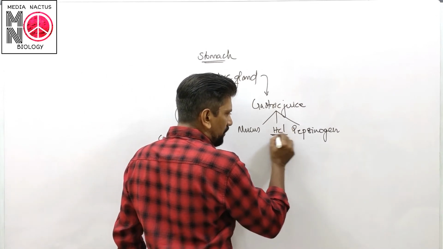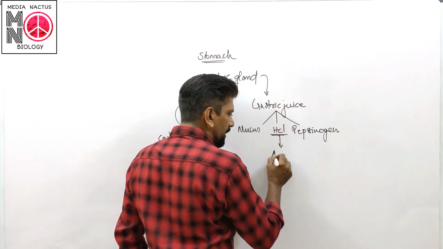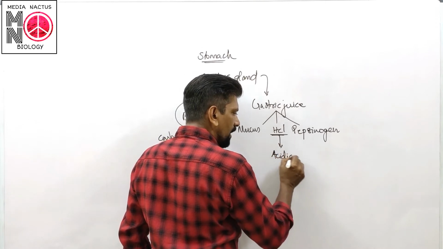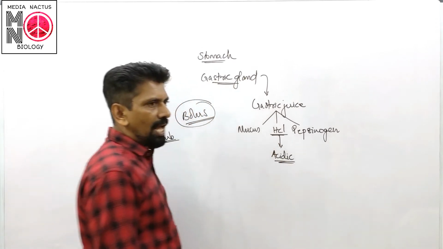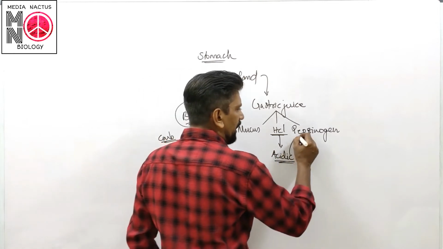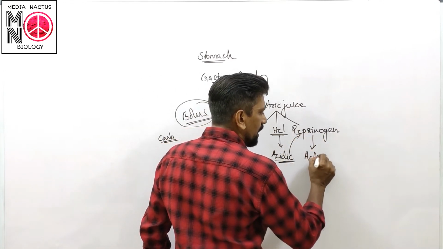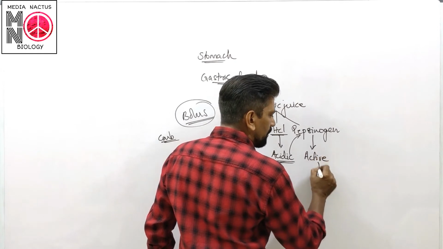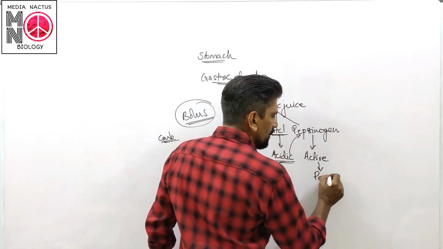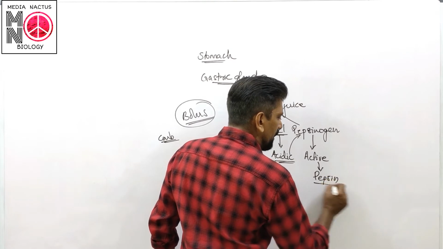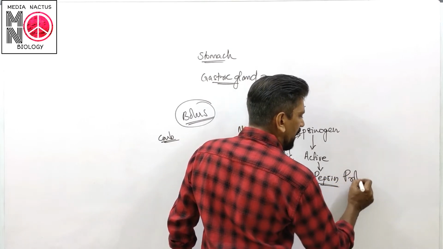The presence of HCl makes the region acidic. This acidic condition converts the pepsinogen into an active form known as pepsin. Pepsin is a protein-digesting enzyme.